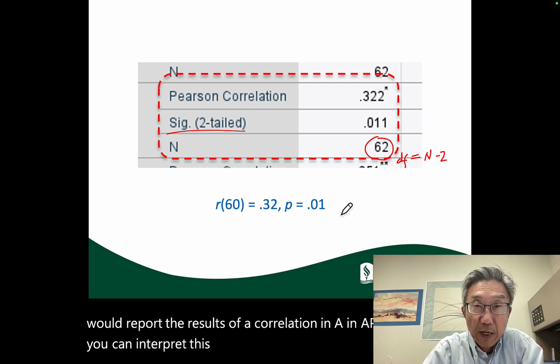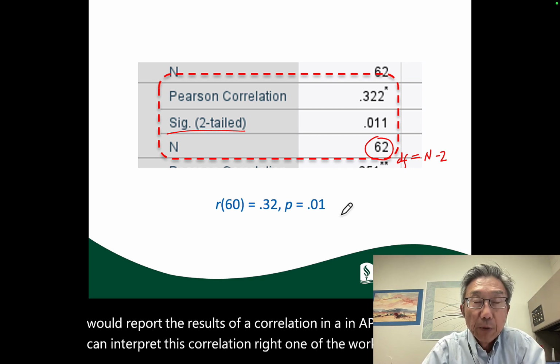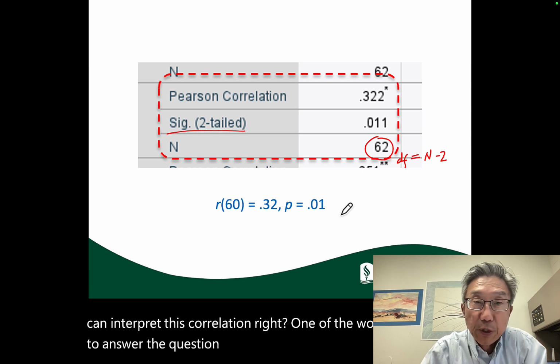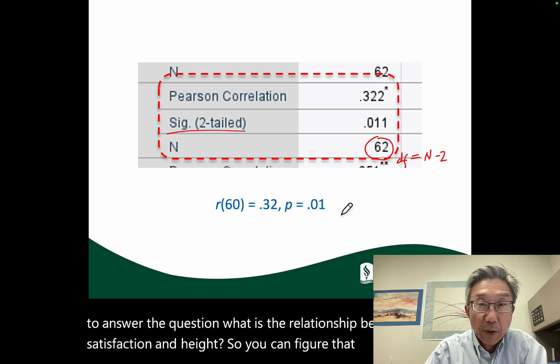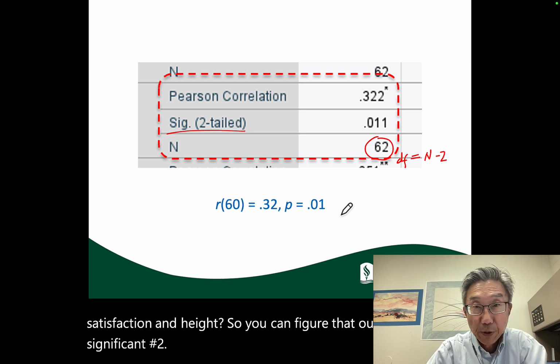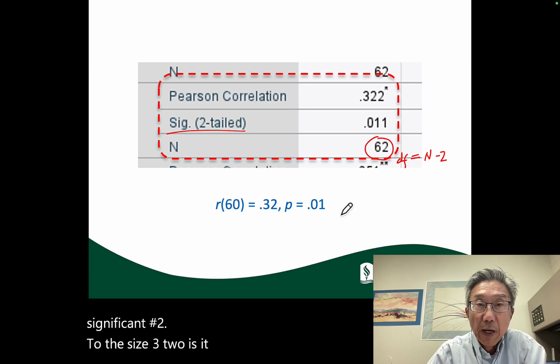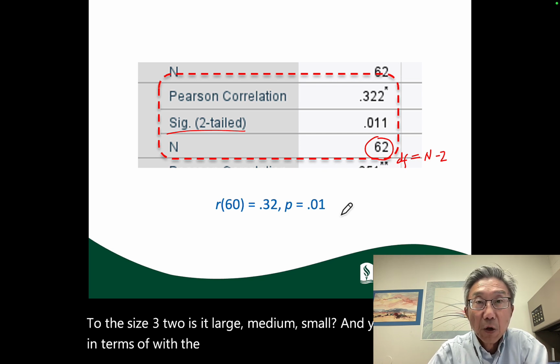Now, you can interpret this correlation. One of the worksheet activities is to answer the question, what is the relationship between life satisfaction and height? So you can figure that out. Number 1, is it significant? Number 2, consider the size, 0.32. Is it large, medium, small? And you can also think in terms of whether the correlation is positive or negative.